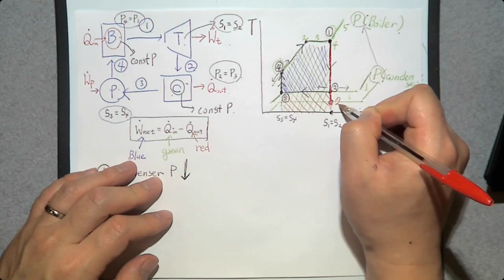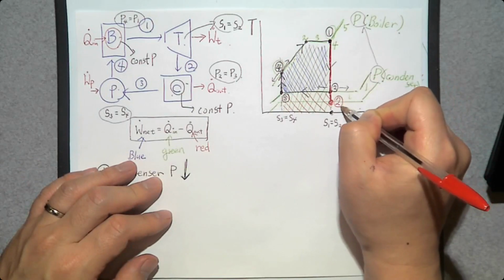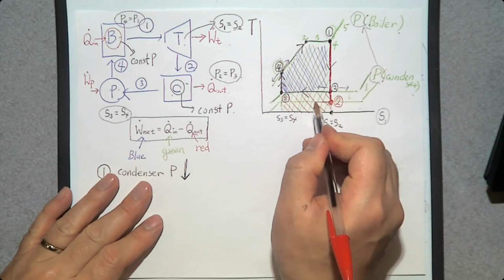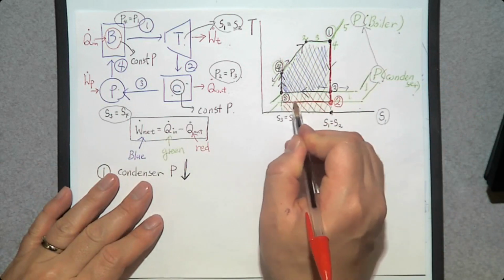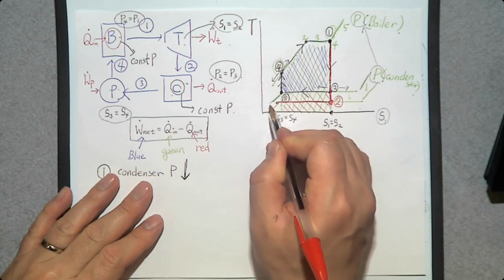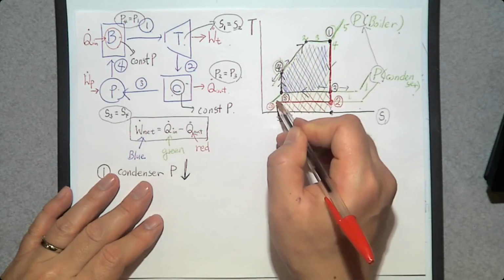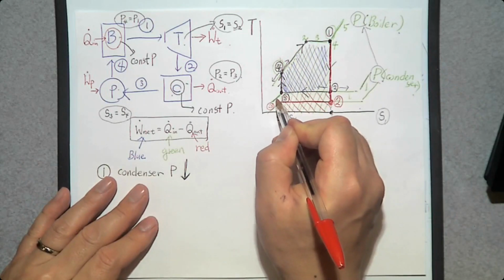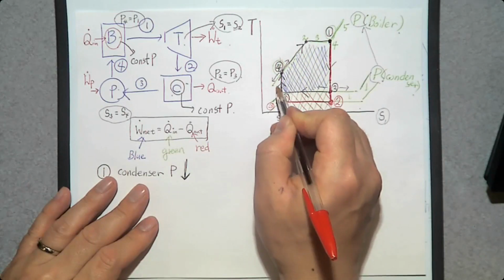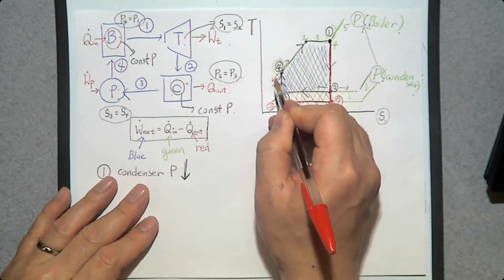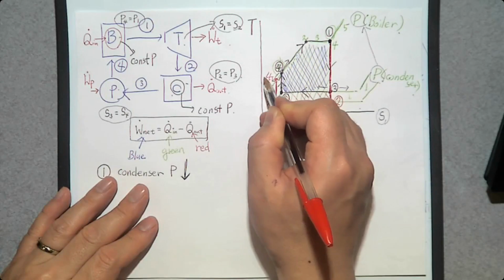That is new number 2. It rejects heat in the condenser up to here, new number 3, and the pump pressurizes the liquid back to the boiler pressure. This is new number 4.